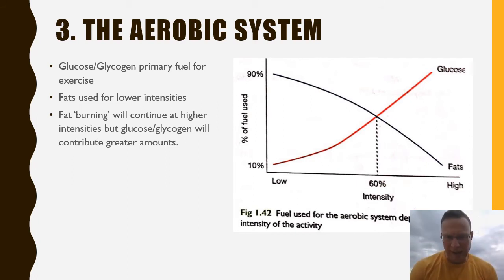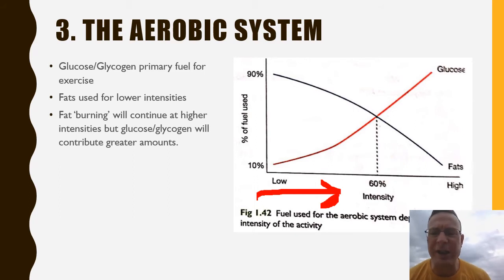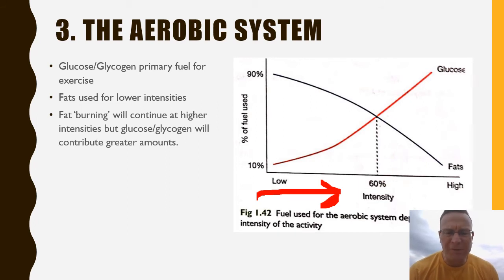Do you see, as that intensity of exercise increases, so we move from, say, a walk onto a jog, onto a fast sprint, the type of fuel that we use, the relative percentage of it, changes.